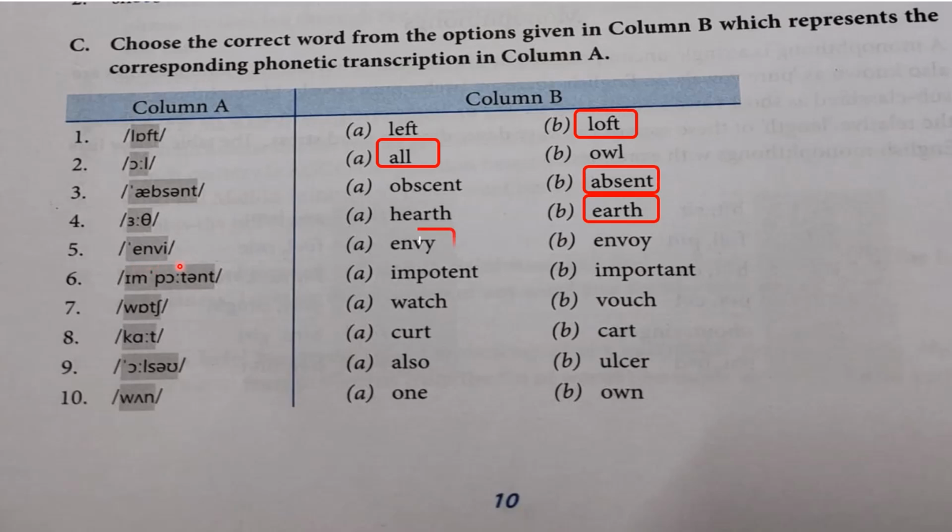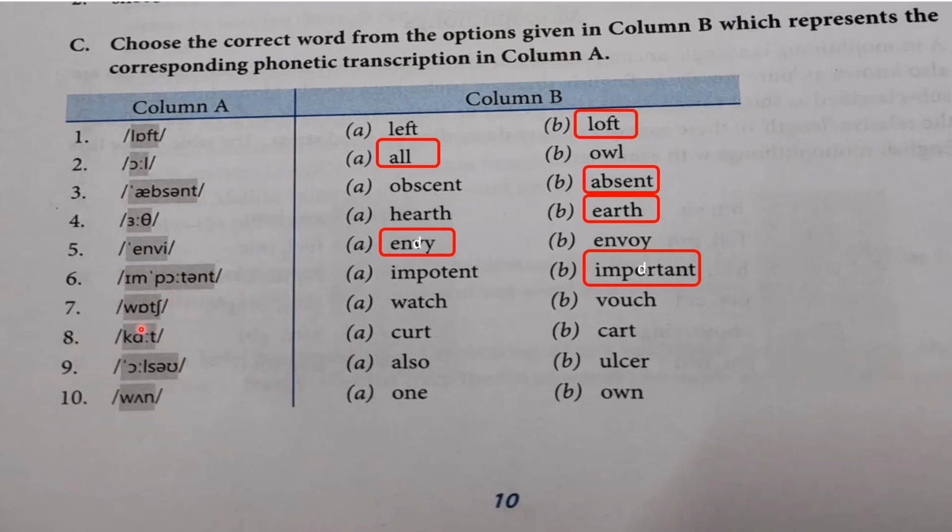So the word should be envy. Actually, we say envy, but this sound gives an a sound. Then important. This is awe, so the word should be important. R is silent, students. That's why the R sound is not here.